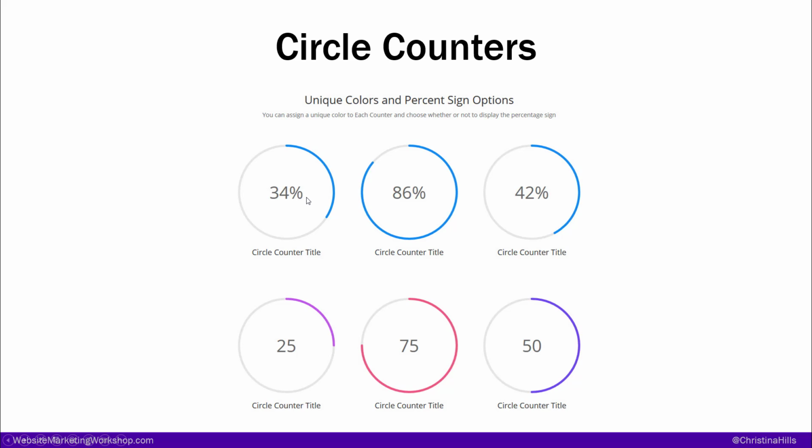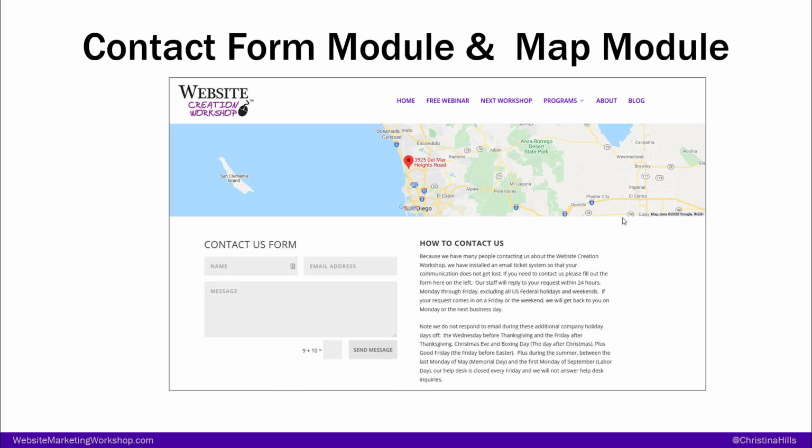You just tell it what the percentage is, and then it swoops around and displays it for you. Then you can have a contact form. So this is a contact form. This is some text and then a map. So you can embed Google Maps in your site.